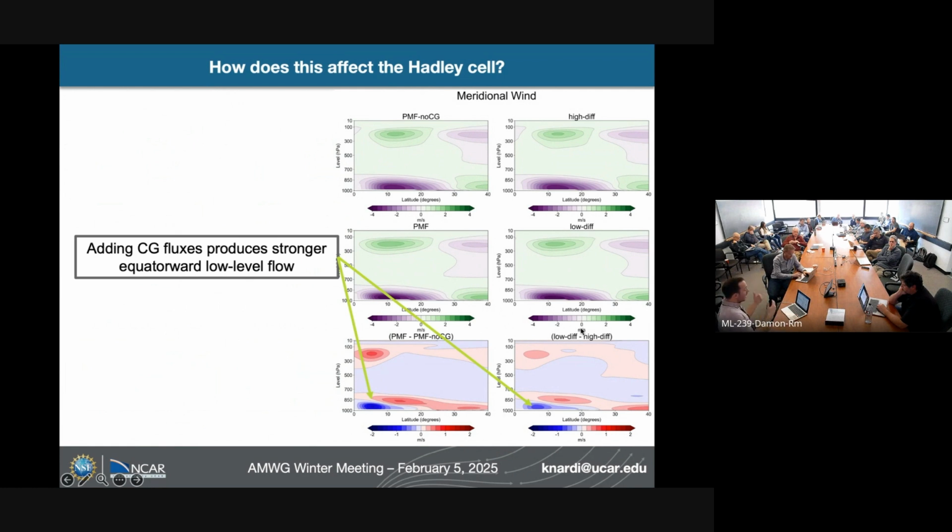So as we saw with diffusivity, there was generally the same response in both experiments, but there was a different way that adding countergradient fluxes was changing diffusivity. It's the same thing here. We're getting the same response in the general circulation, but adding countergradient fluxes seems to be doing something a bit different. It seems to be producing a stronger response in that situation.